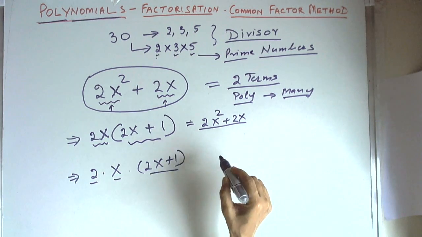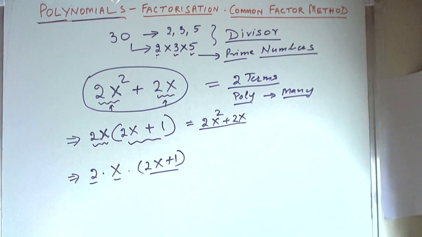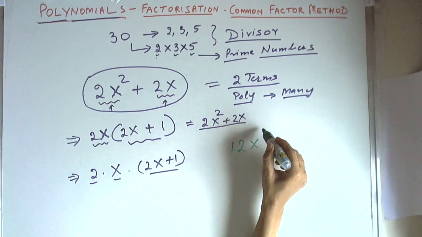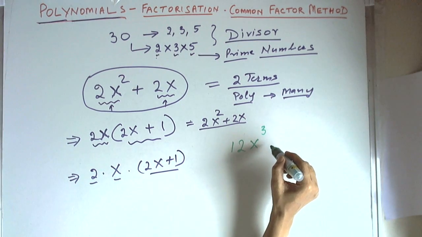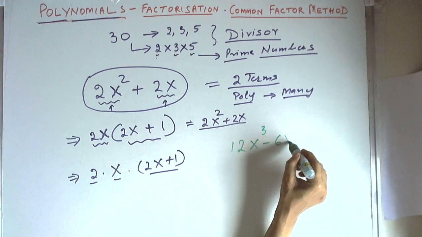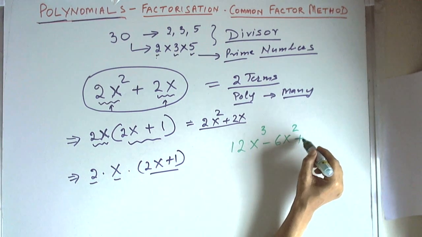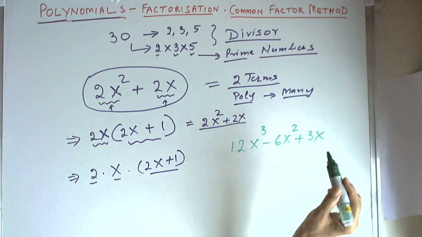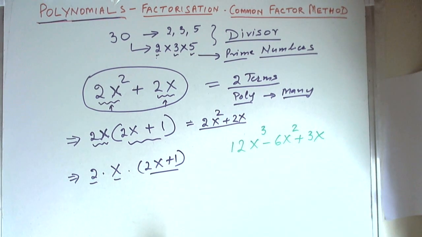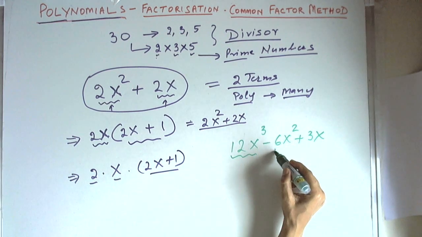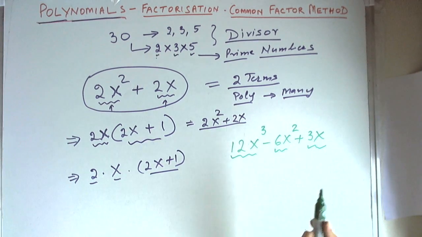Let us take another example. I use a different color pen so that you can distinguish it. Say 12x cube minus 6x square plus 3x. Now, as the method says common factor method, we have to find what is the common factor among all the 3 terms.